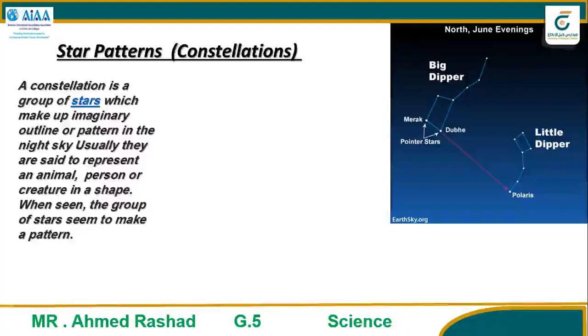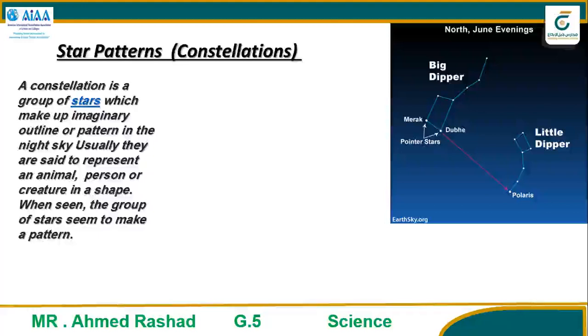That pattern helped ancient people find locations on our Earth, like north, south, east, west.